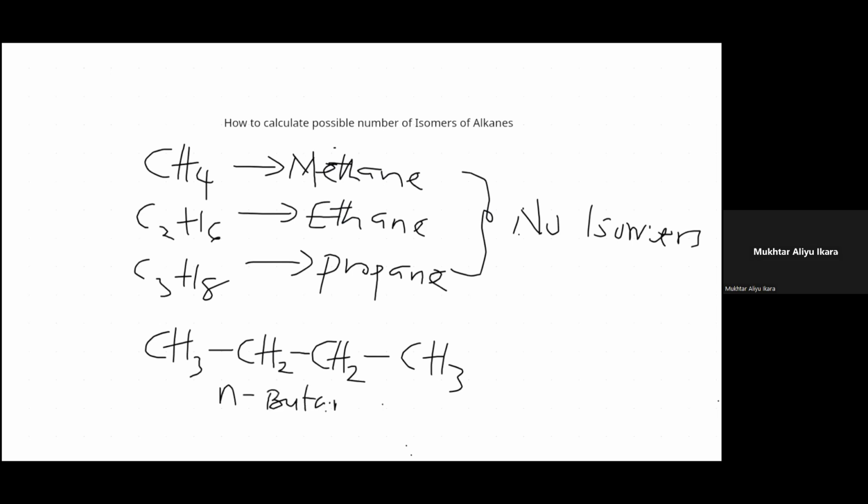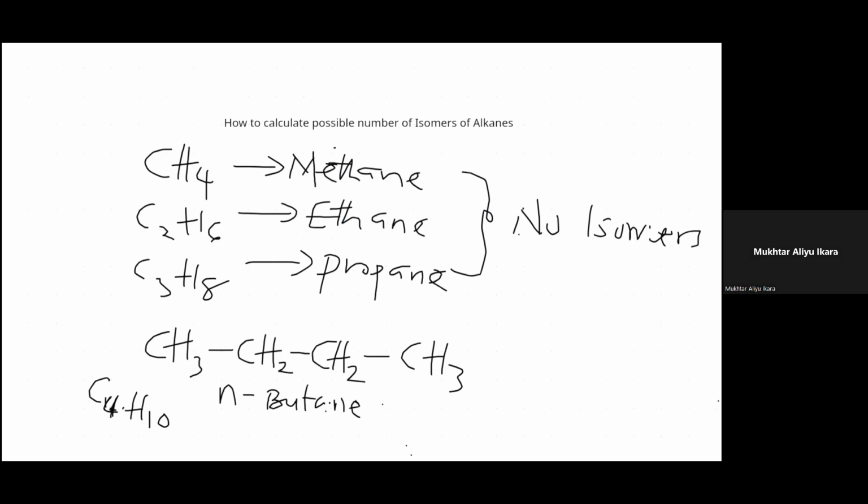The molecular formula of this butane is C4H10, and this is the structure of normal butane.